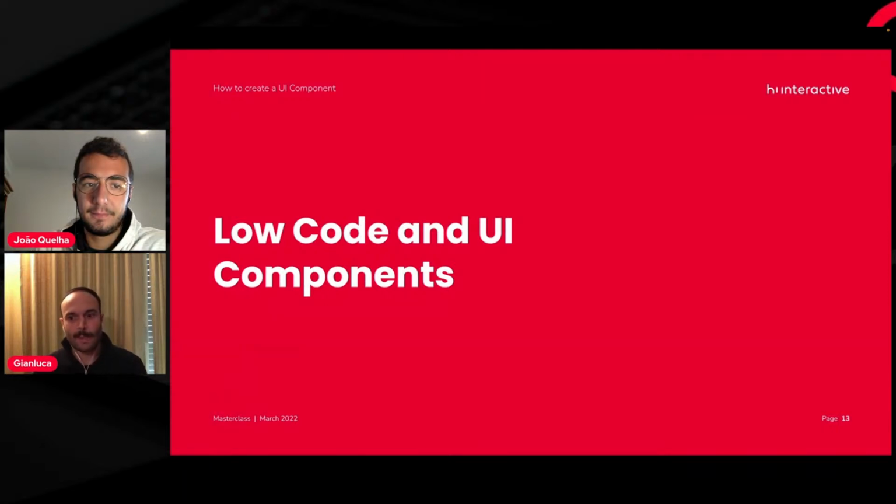So moving on, we are already approaching the final example of our UI component. But here I would like to talk about bringing two things together: low code development platforms and UI components. I'm talking about low code because the UI component that we are going to show was built using OutSystems, the low code platform.